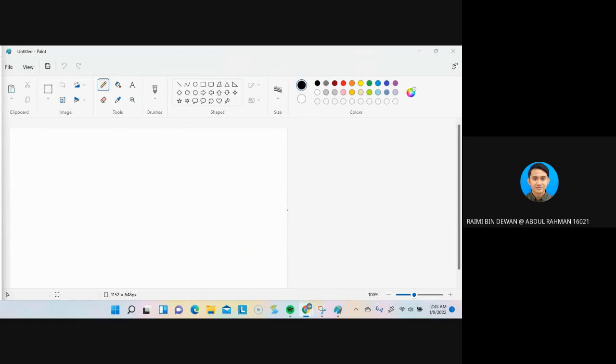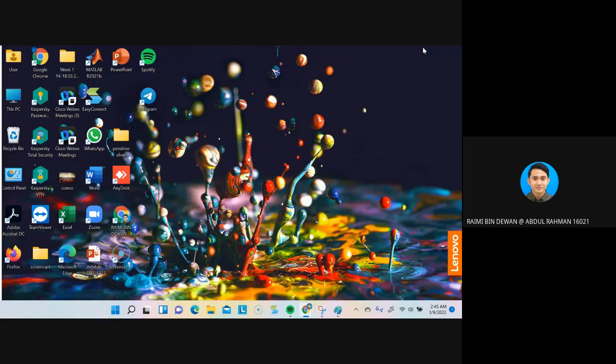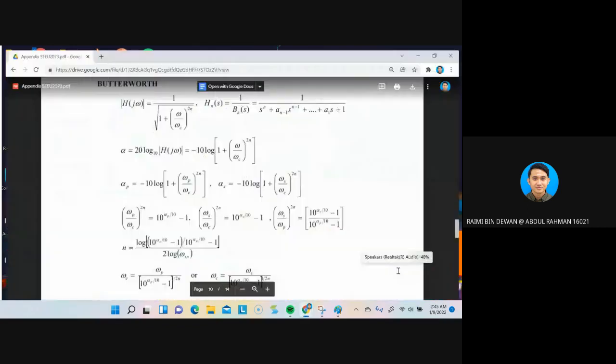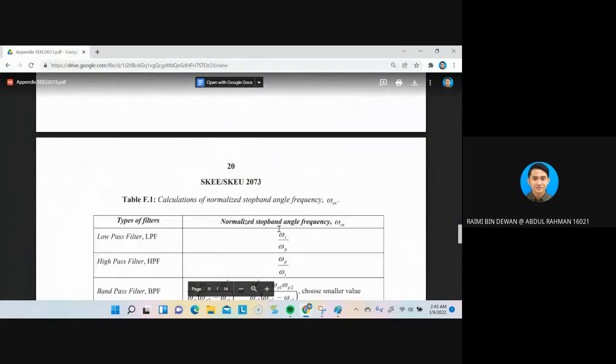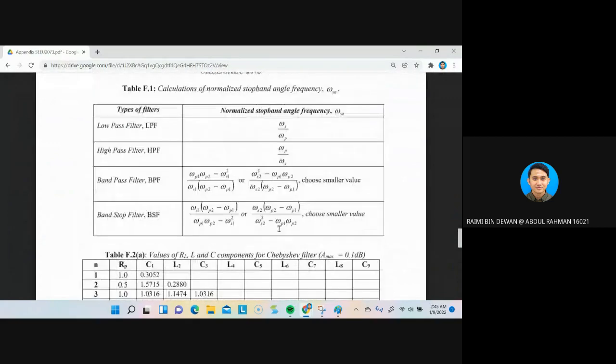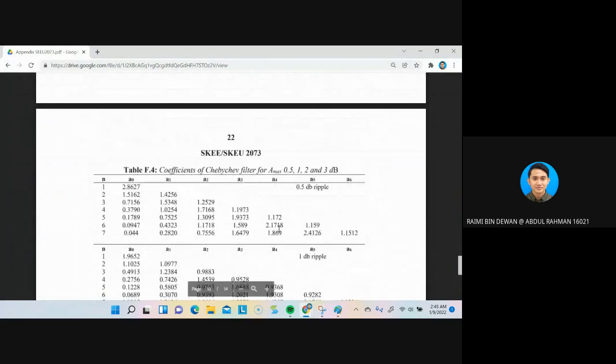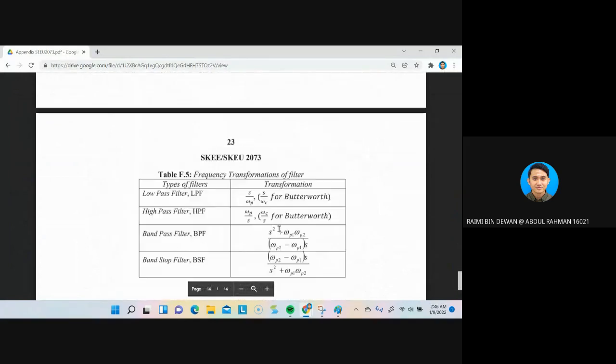Next step is we need to determine the normalized transfer function. So you need to refer to your appendix. Okay, so this is your appendix. For order filter, you need to see very well. This is Butterworth, and this is Chebyshev.